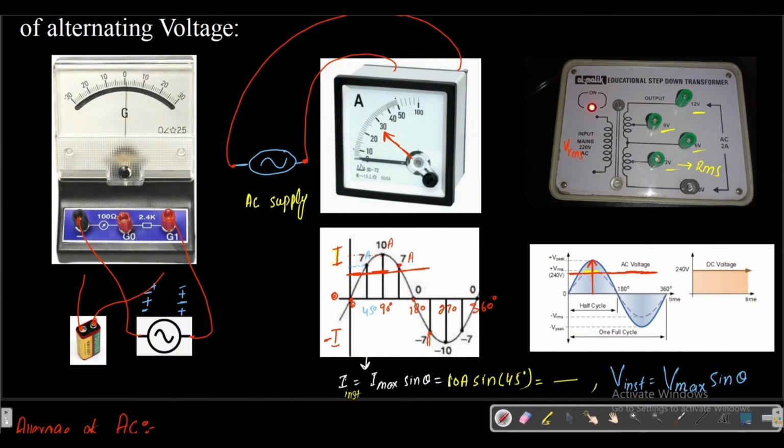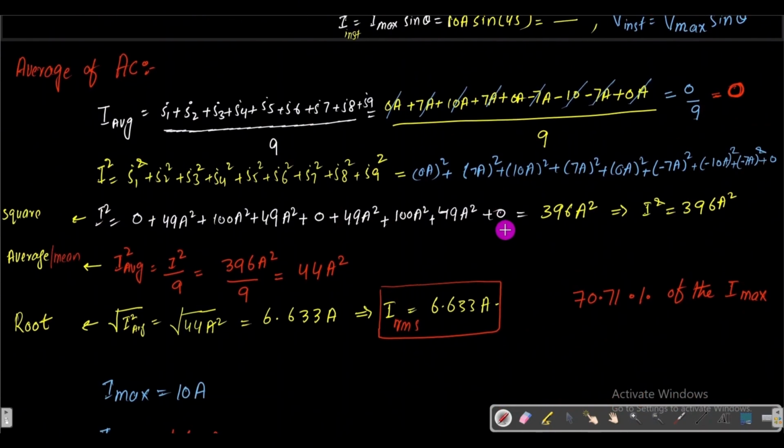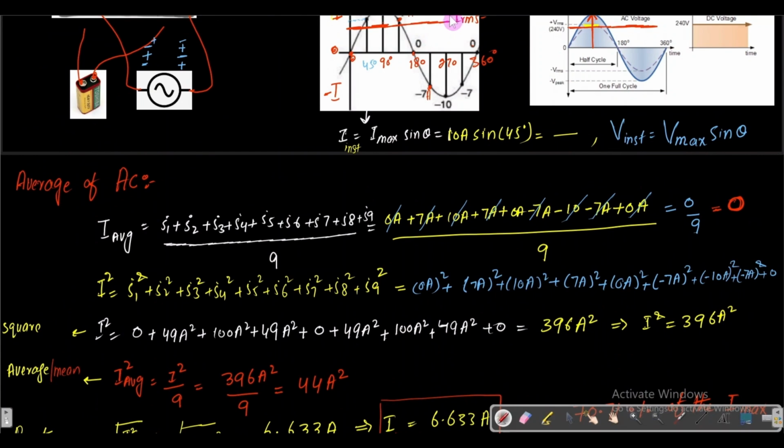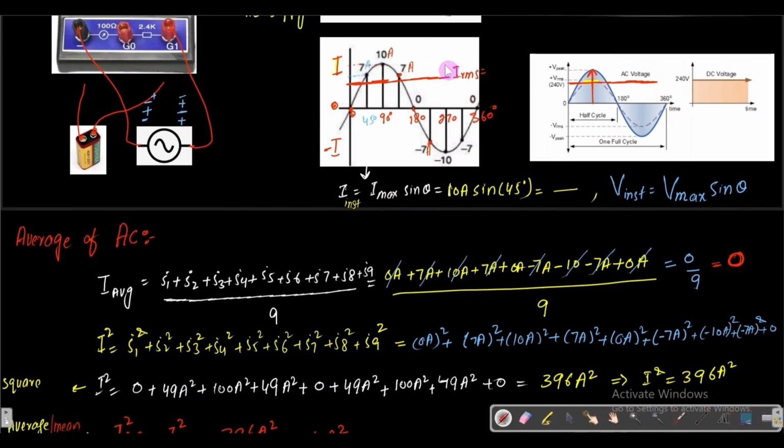This is the I RMS, which is equal to 6.633 ampere. This is the I RMS value.